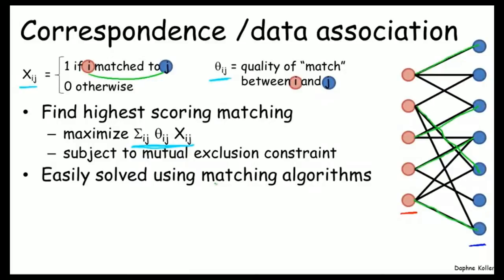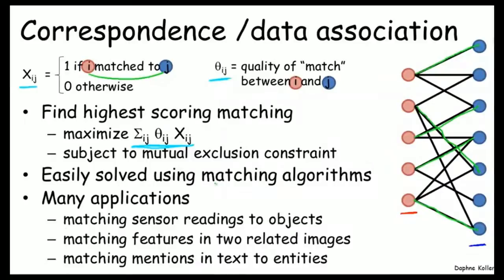And it turns out that in the context of graphical models or probabilistic inference, this type of problem has numerous applications. For example, we might have on the one hand, say the red side, a set of sensor readings from a number of, say, airplanes that we're trying to keep track of. And on the blue side, we might have a set of airplanes or objects that we've previously detected, and we'd like to figure out which sensor reading corresponds to which object.